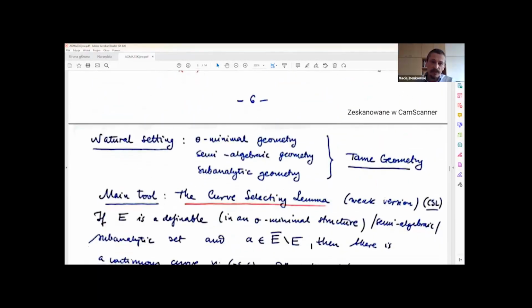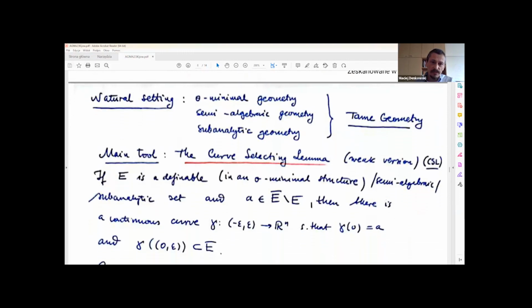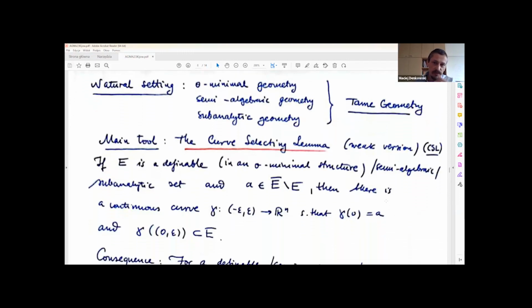And here we have the natural setting for the question: tame geometry, or o-minimal geometry, subanalytic geometry. You may think always of it as a variant of what we call semi-algebraic geometry, where we are interested in studying the geometry of sets defined by finitely many polynomial equations and inequalities.